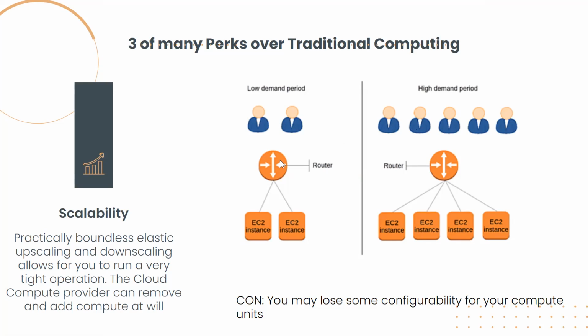And this is really important because you don't want to have a lot of servers lying around that you're not really using at a low demand period. And that is a con of on-premise computing. You can have a very large company that has a lot of demand, maybe during the evening, but during working hours, like 9 to 5, you see very low usage of your website.